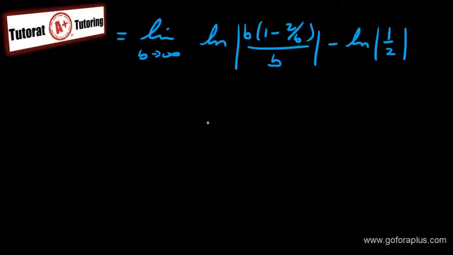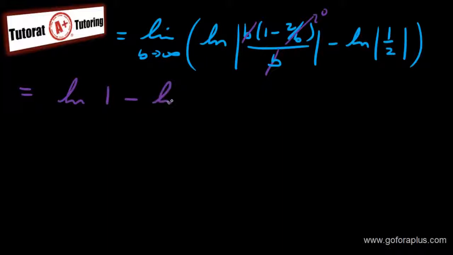Now I can drop the absolute value on the second term, so that's not a problem here. The b cancels out. What I have left is 1 minus 2 over b. Now 2 over infinity is approaching 0, so I have 1 minus 0. So I have ln of 1. All I have left now is ln of 1 minus ln of 1/2, because I evaluated the limit already.